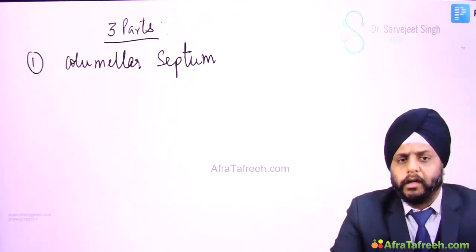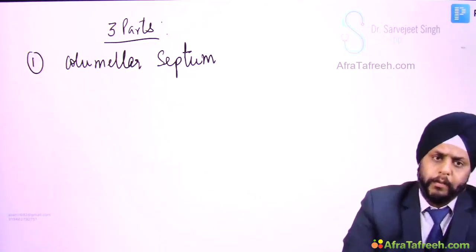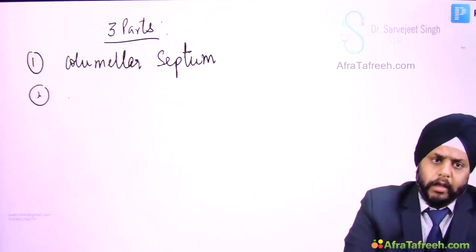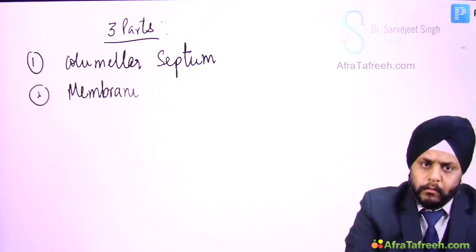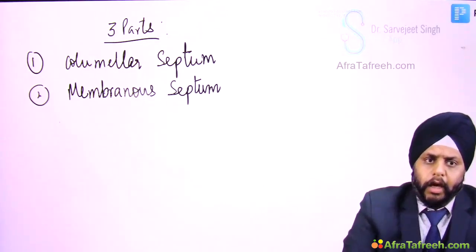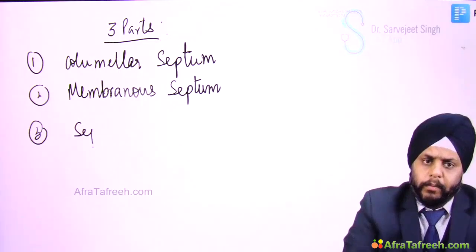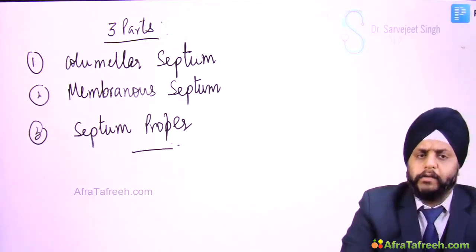The 2 medial crura of the alar cartilage meet and form the columellar septum. Then we have the membranous septum, and we have the septum proper. So there are 3 parts of the nasal septum.